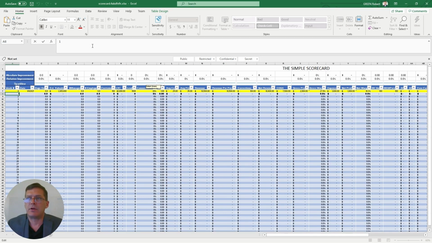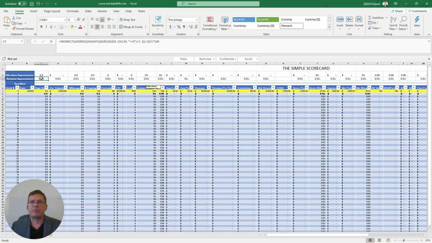And as a hint to how this worksheet will help you, we have a couple indicators across the top, including an absolute improvement value, a relative improvement value, and a spark line, which shows a general trend of your data for each column that is appropriate to have these indicators.